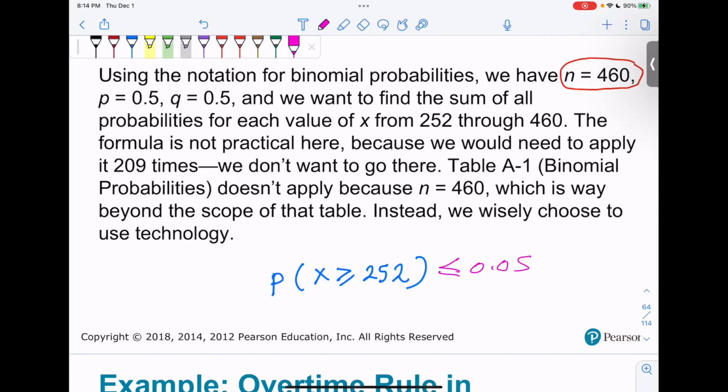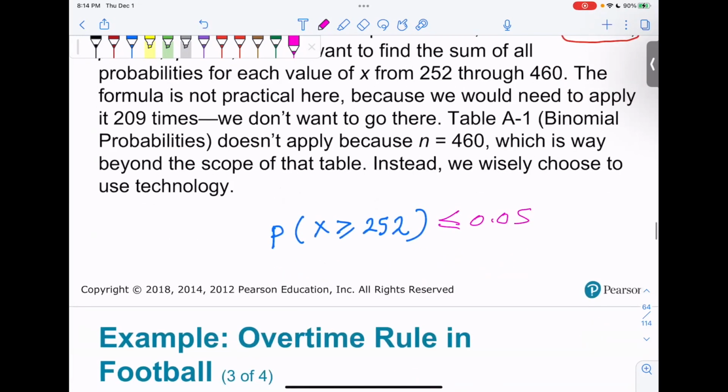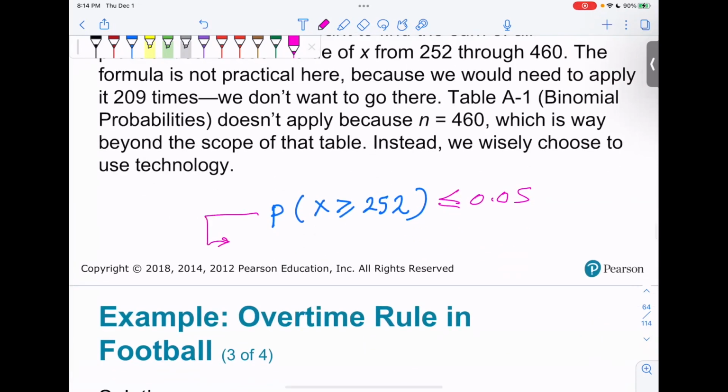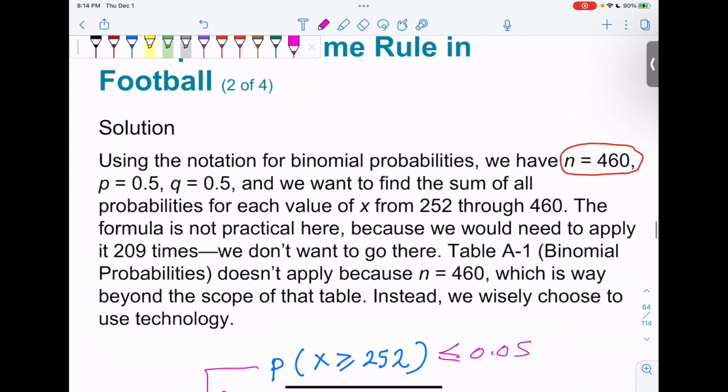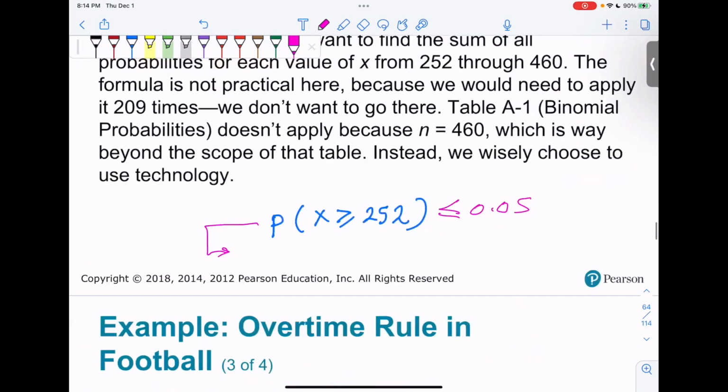So to find this one, we have a problem, right? Why? Because n equals 460, so X greater than or equal to 252 will be all those values: probability of 252, plus probability of 253, plus all the way to probability of 460, right?